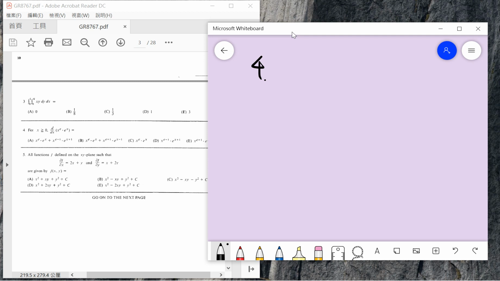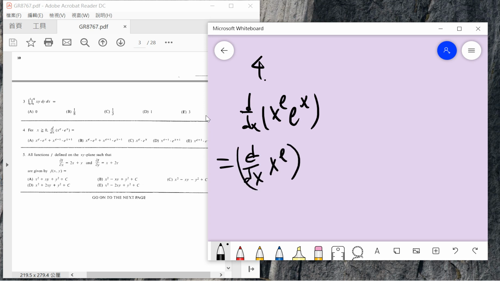Number 4. Okay, so Leibniz differential law. This is d over dx of e^x.